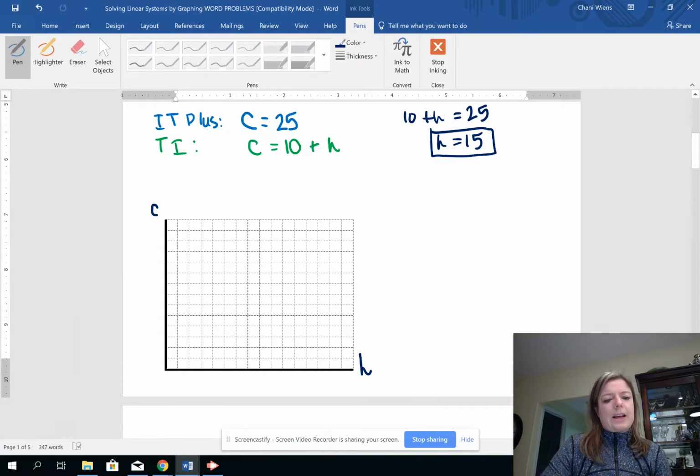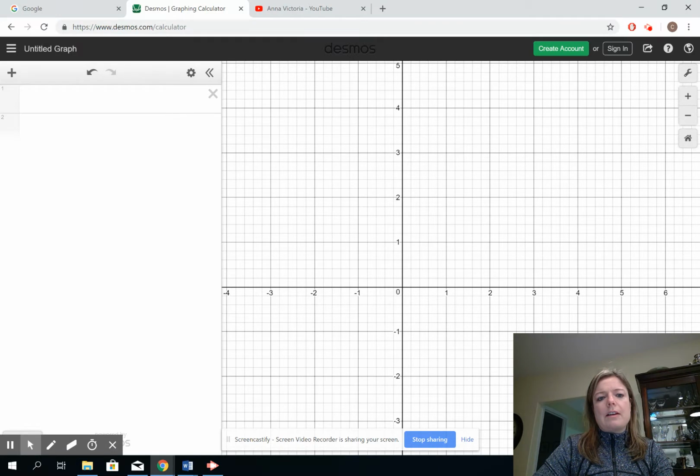I did a scale of 1 on the bottom, so 1, 2, etc. And then I went up by 5 every other one: 5 here, 10 here, 15, 20, 25, 30, 35. Okay, I'm going to show you on Desmos how this will look, and then you can also put this on your graph there.